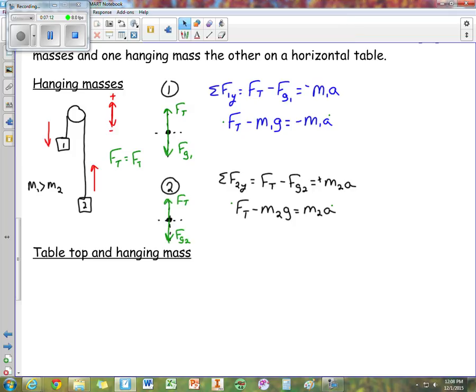So if I would look at this, I want to solve this for acceleration. So what I would do is solve both equations for tension force. And then I would set those two equations equal to each other.